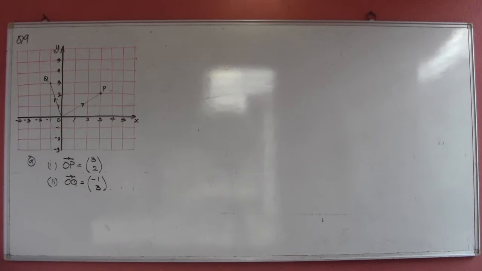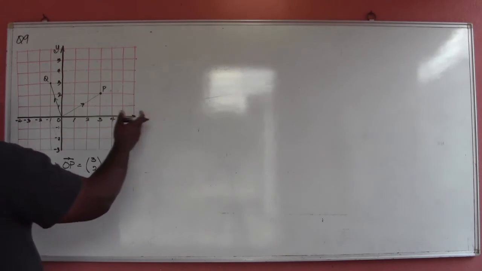Now the B part of the question says the point R has coordinates (8, 9). Well, that's not on the diagram at all, and based on how we drew it, we couldn't put it in.